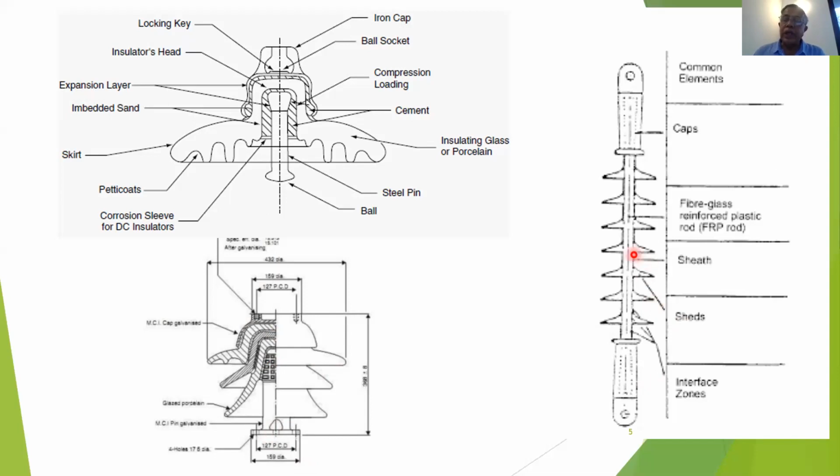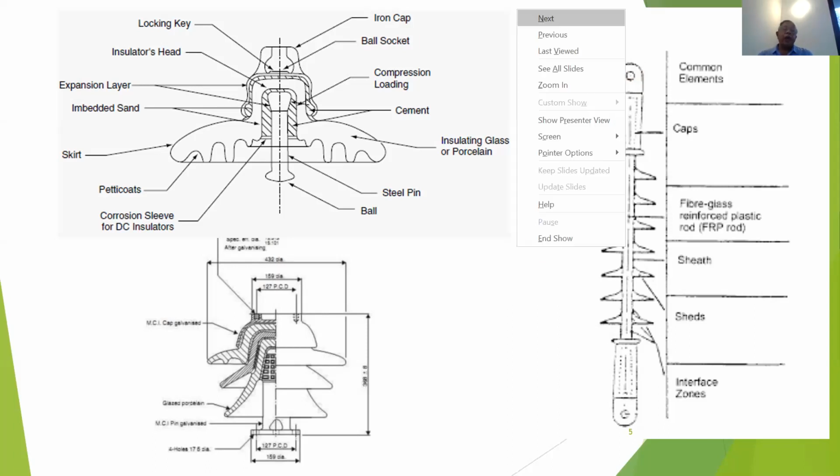These are the sheds, and the sheds are all polymer, and in the middle here you have either fiberglass reinforced plastic or polymer that is called the hard core, polymer core, and around the polymer core you have the polymer sheds and sheath, and one side is connected to the tower, and one side is connected to the conductor, and so on.